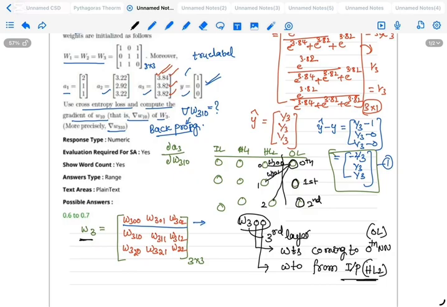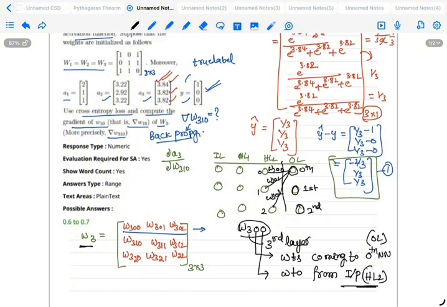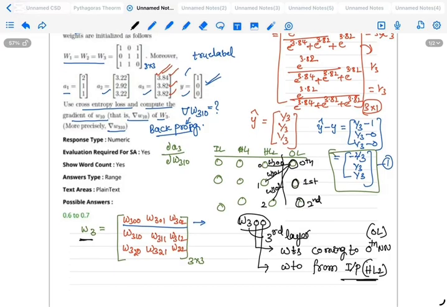So for example, in this row of the weight matrix, 30 is common and the 0 is fixed. 3 is the third layer and 0 represents the first neuron. All the weights coming to this 0th neuron.